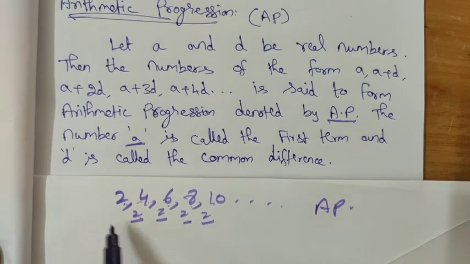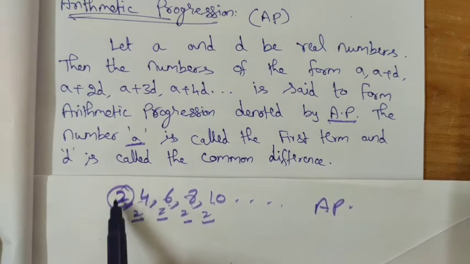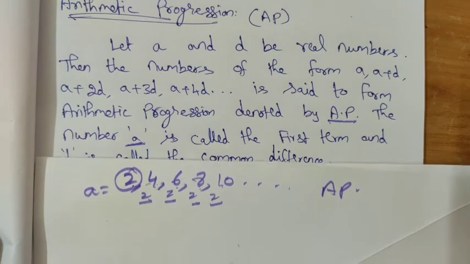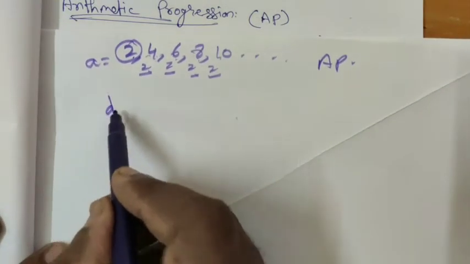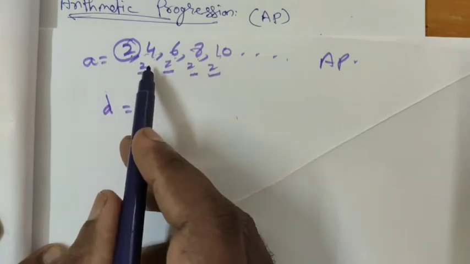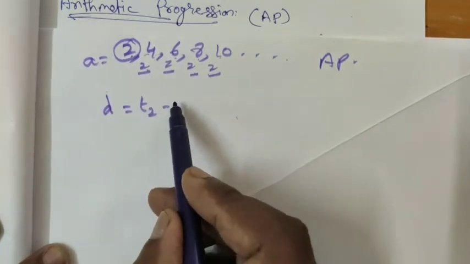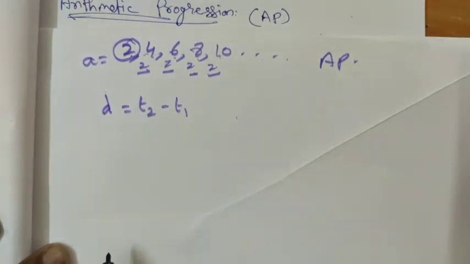So the first term we always take as A. Then the common difference D equals the second term minus the first term, that is T2 minus T1, and then T3 minus T2, T4 minus T3, like this.